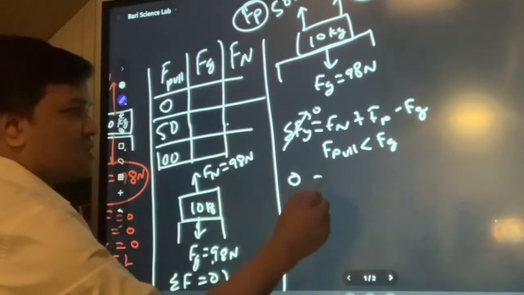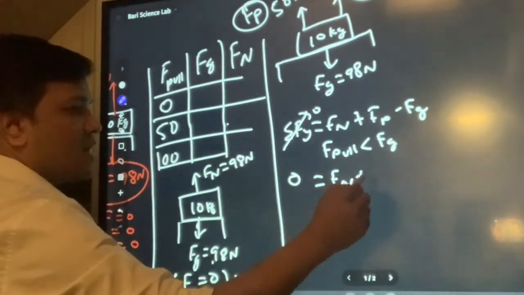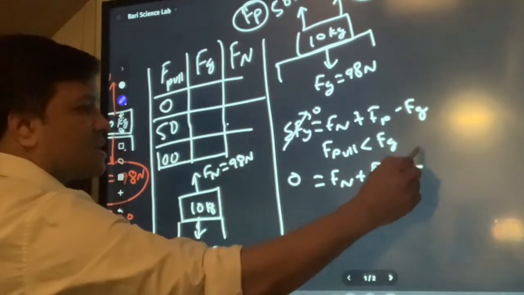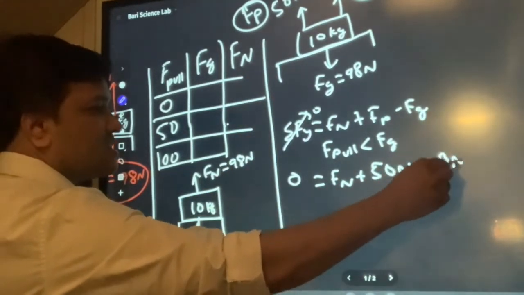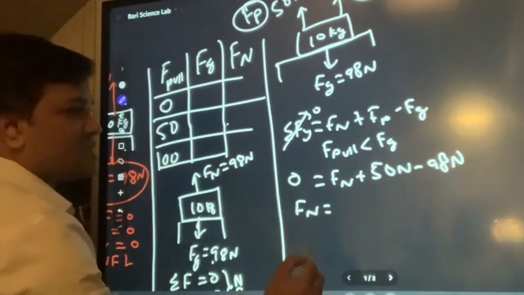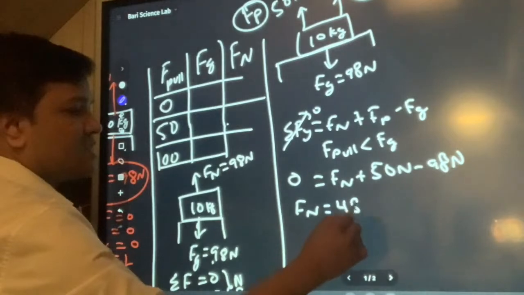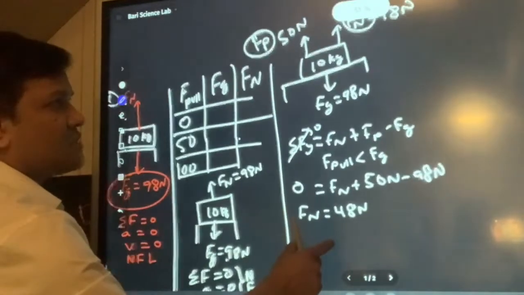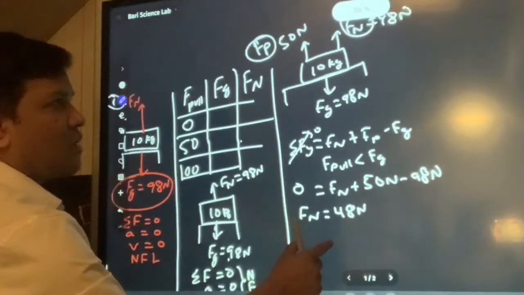So 0 is equal to Fn plus Fp, which is 50 Newton, minus 98 Newton. Alright, so Fn actually is 48 Newton. So if Fn is 48 Newton, then there is a problem we have.